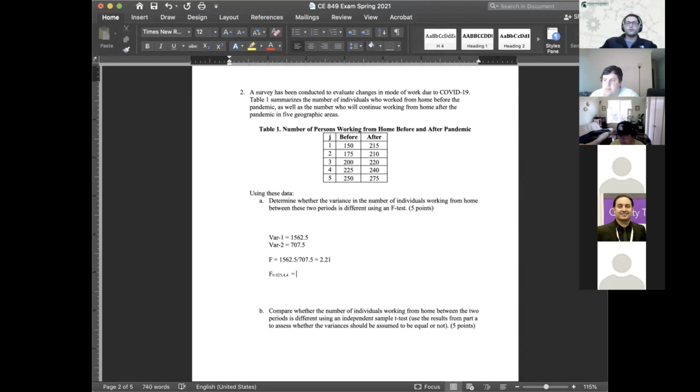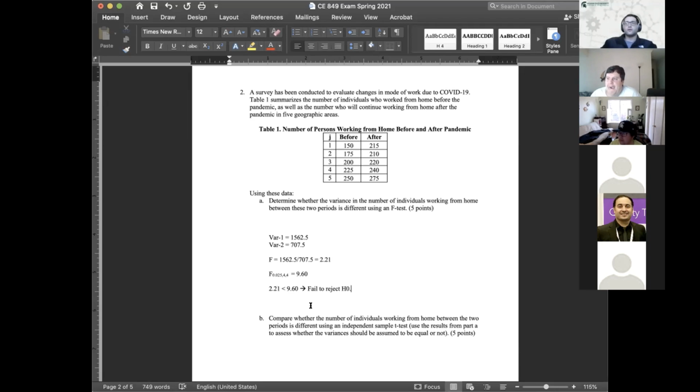And then from there, we'll find that our critical value is 9.60, okay? Now, it didn't really make a big difference if you had used the 0.05; that value would have been 6 point something, I forget specifically. But in this case, obviously 2.21 is less than 9.60. Therefore, we fail to reject H naught.